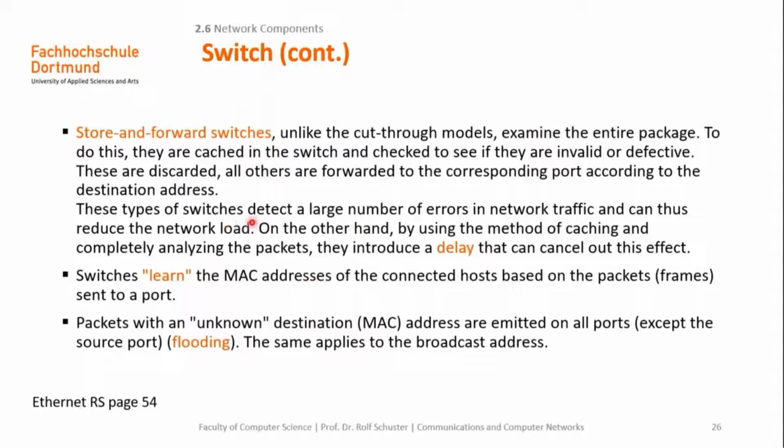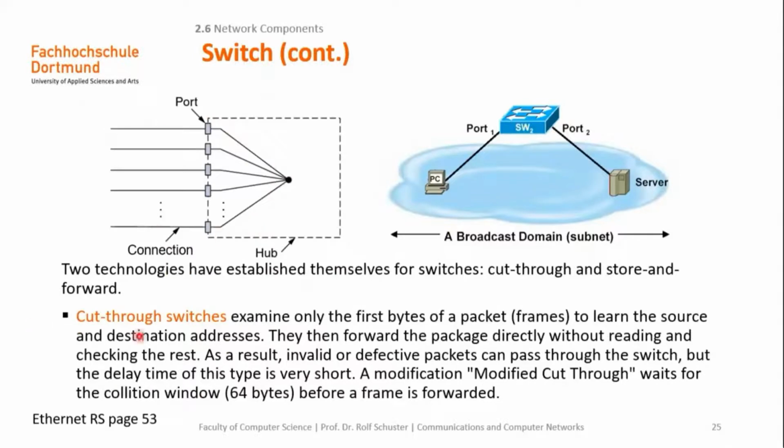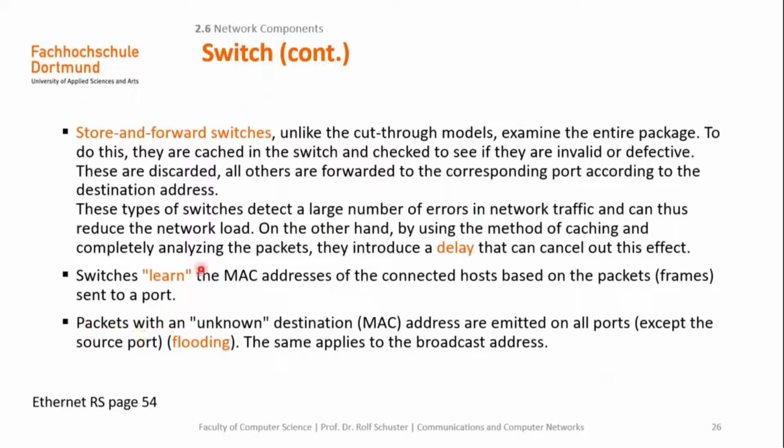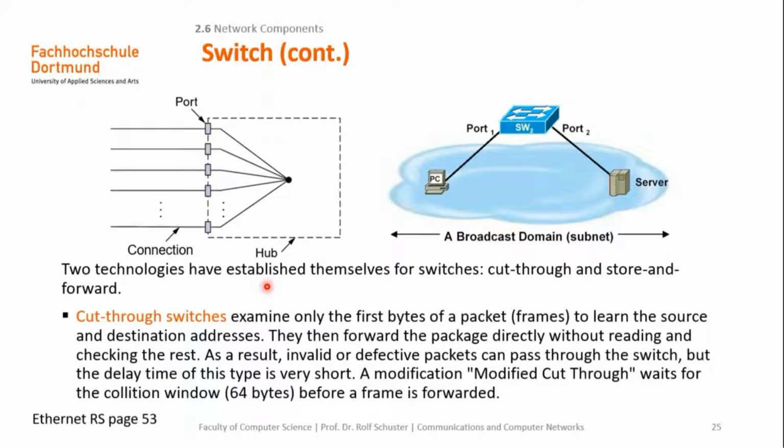After those two important functions, that is cut through and store and forward, the switches perform other functions like learning, in order to know which MAC is attached to each port of the switch.